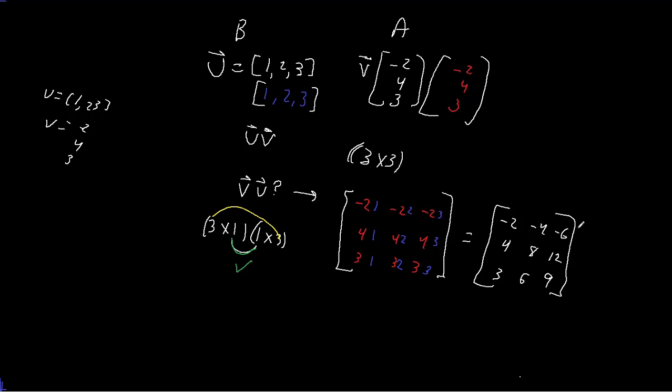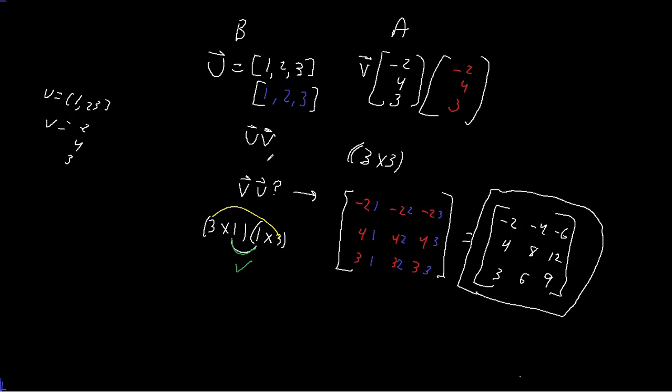This result right here is the result of the column vector times the row vector. Hopefully that makes sense.